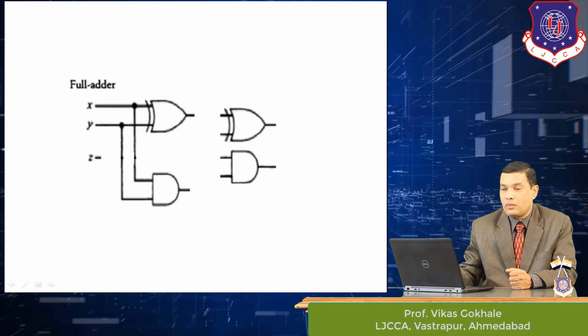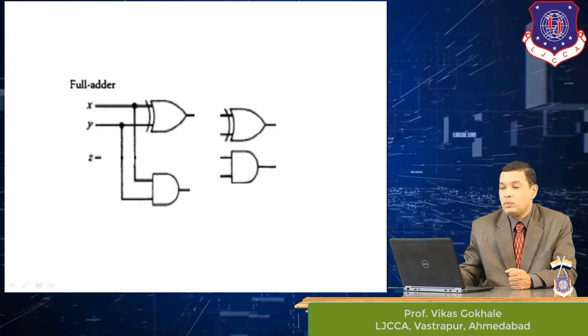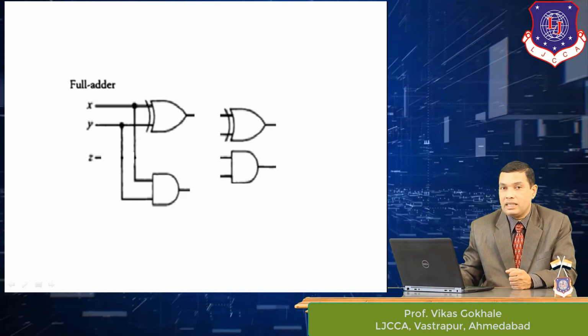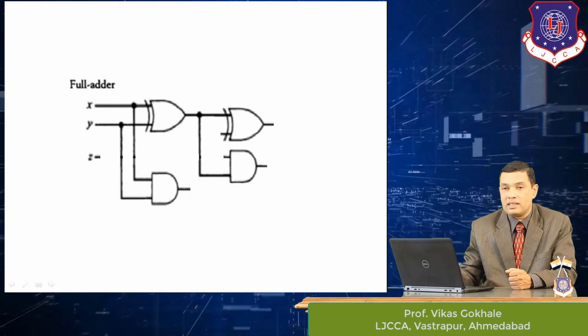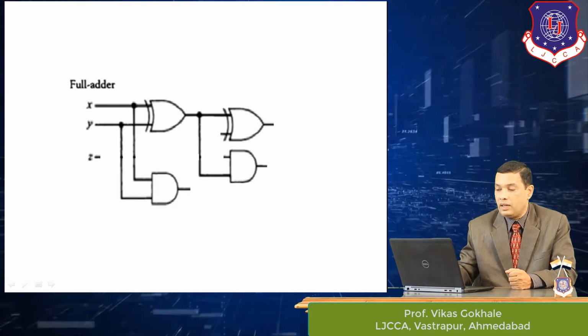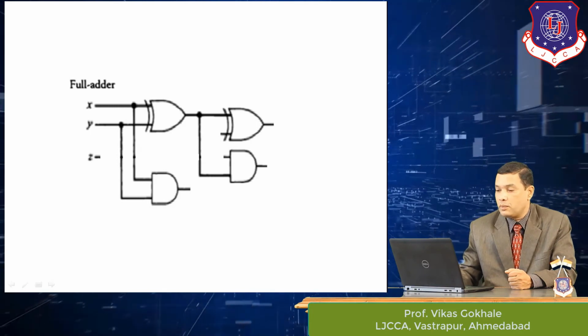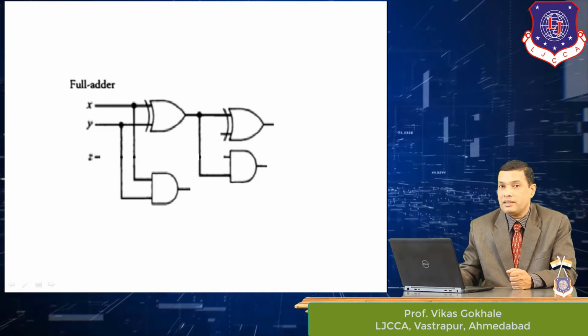Again you have to draw one XOR gate and one AND gate. The output of the first XOR is sent as an input to the XOR gate as well as the AND gate. Now both the gates of the second level will have one more input, and Z will be given as an input to that second level.